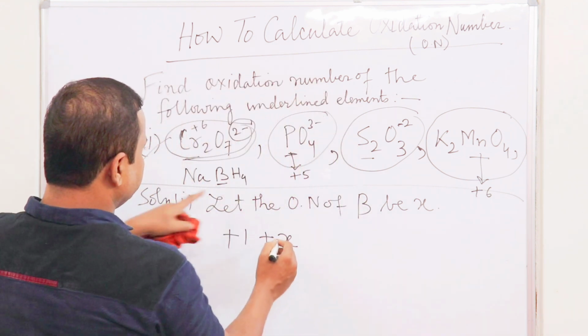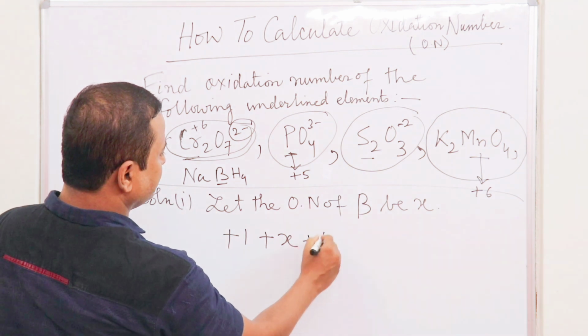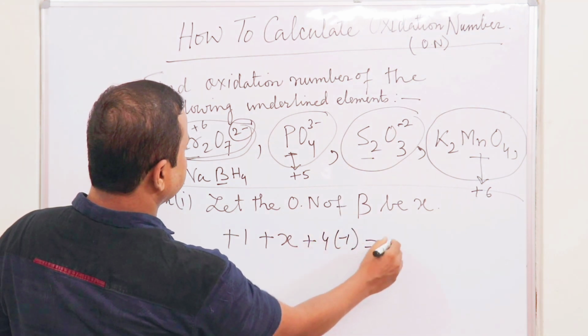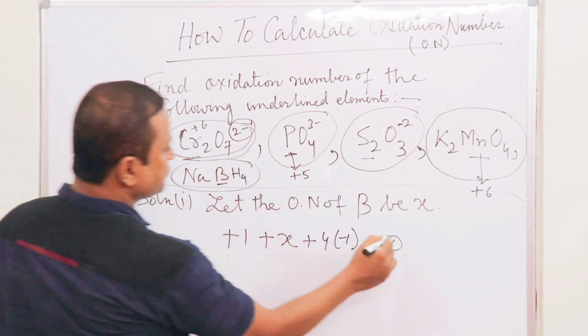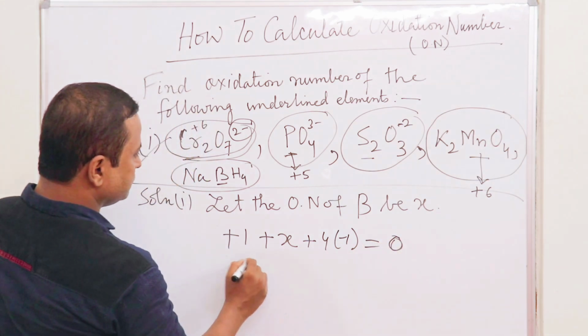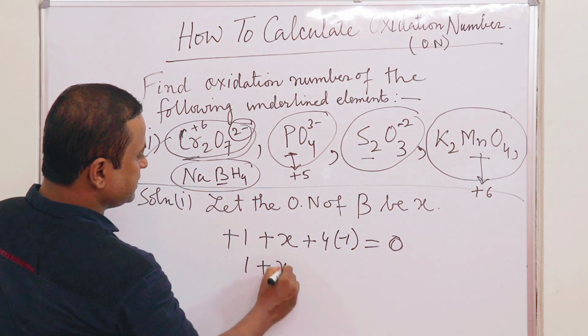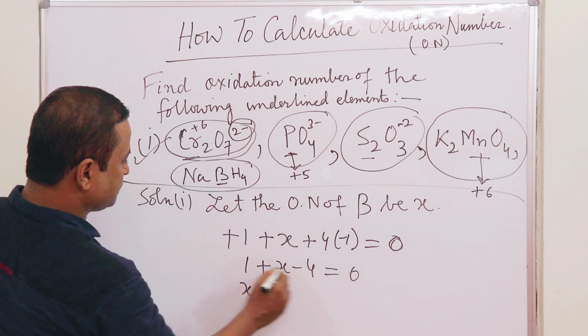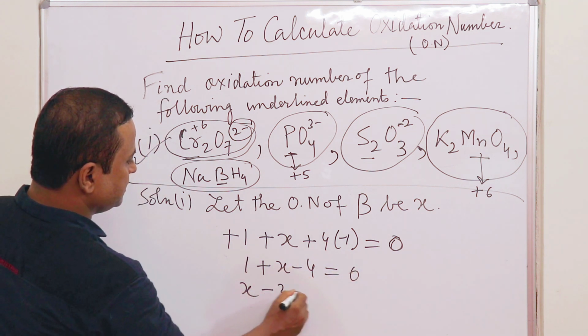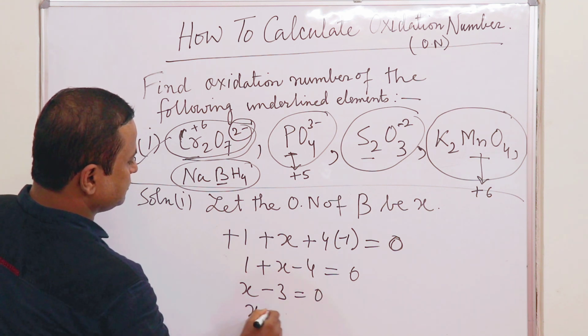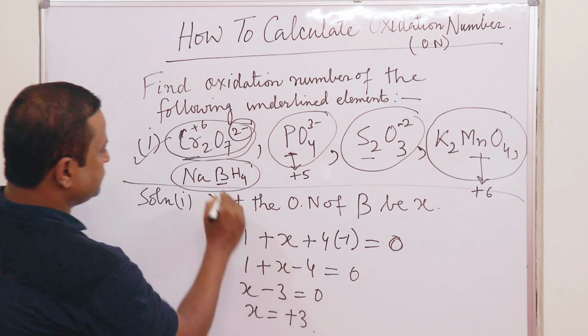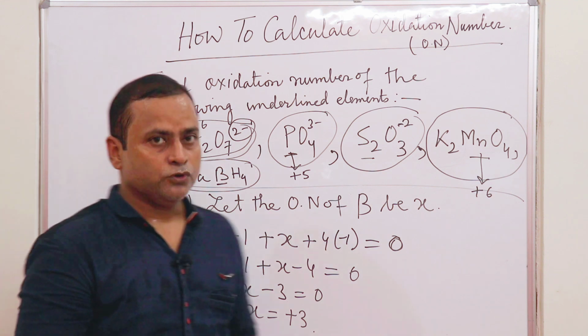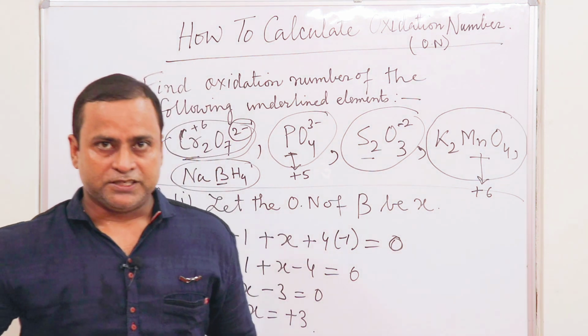So +1 + x + 4(-1) = 0. There is no charge here, so it will be 0. So 1 + x - 4 = 0, so x - 3 = 0, so x = +3.